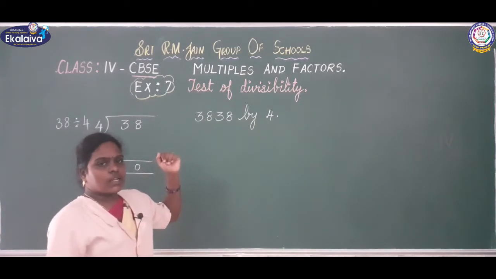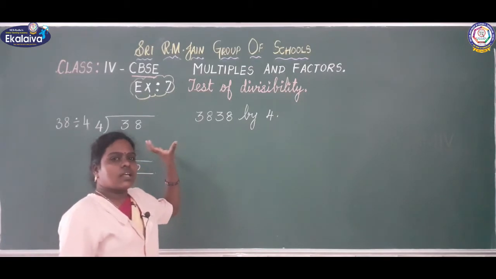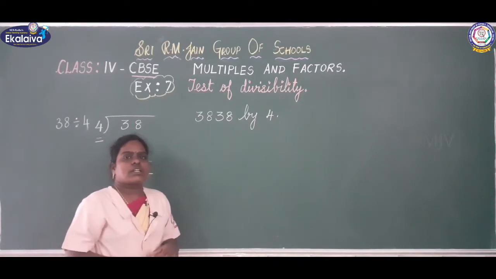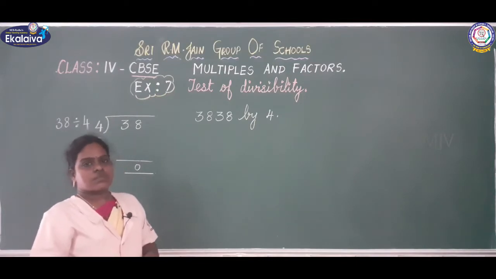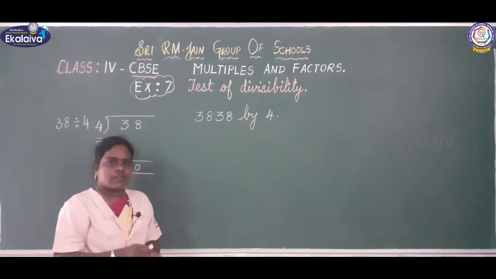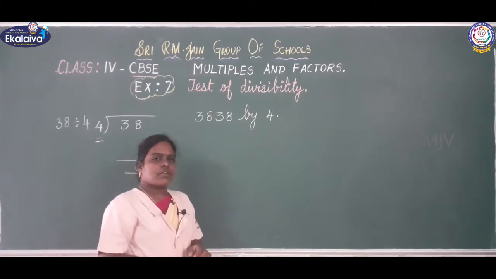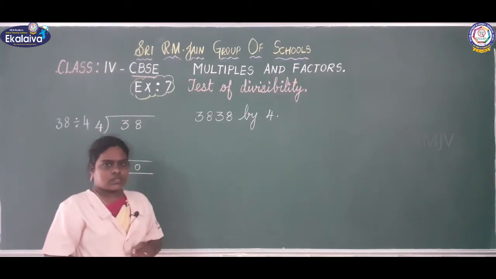But here look at the number 3838. It is a little bigger number. So it takes time to find out the divisibility. In this case, we have some simple rules to find out the divisibility of the given number. Let us learn the rules and we will find out whether the number is divisible or not.